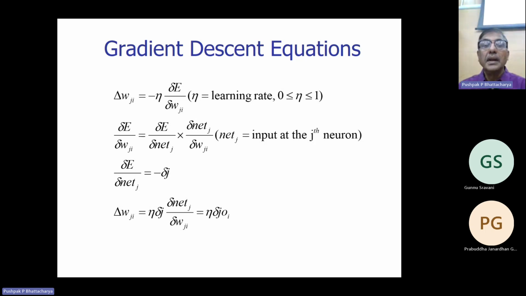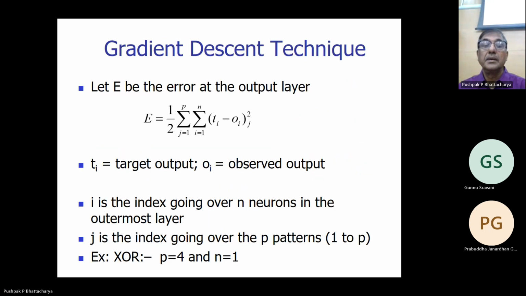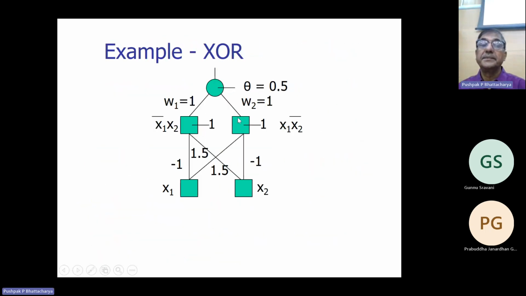Now we encounter some difficulties. Let's take this network. If these computation neurons are perceptrons, then the gradient descent rule will run into difficulty. Why so? I cannot apply gradient descent on a network composed of perceptrons.